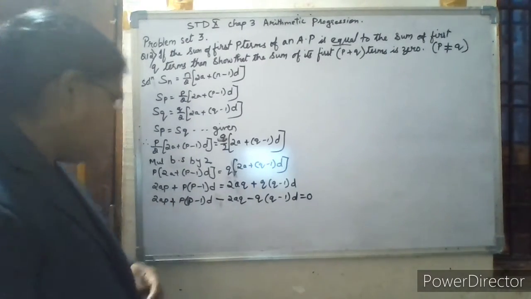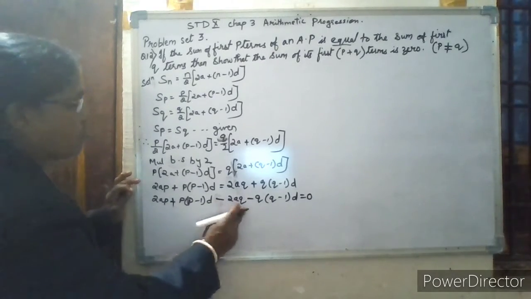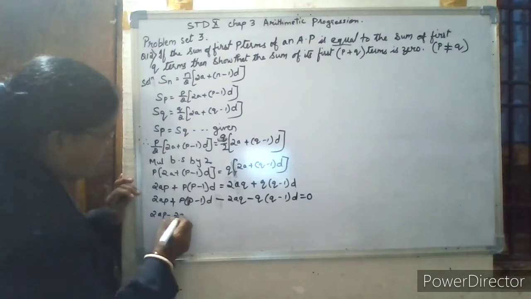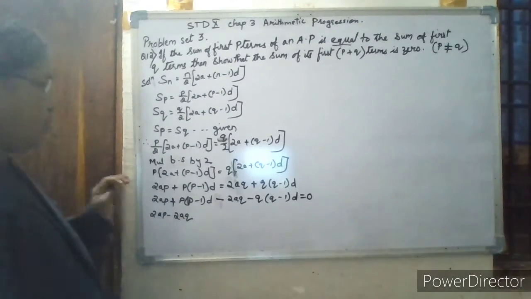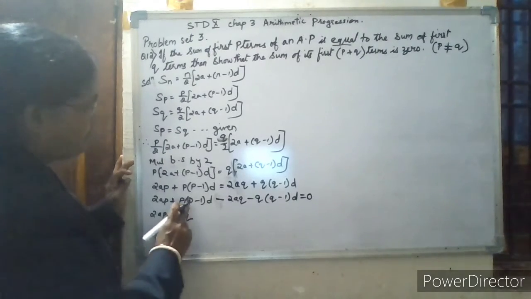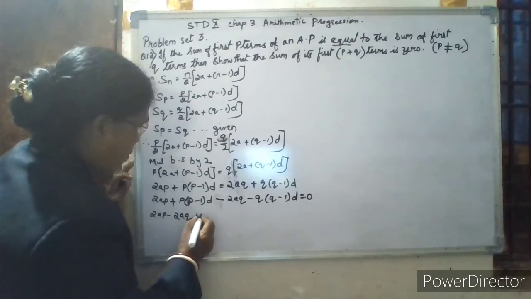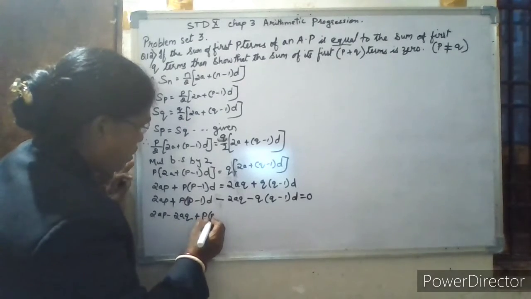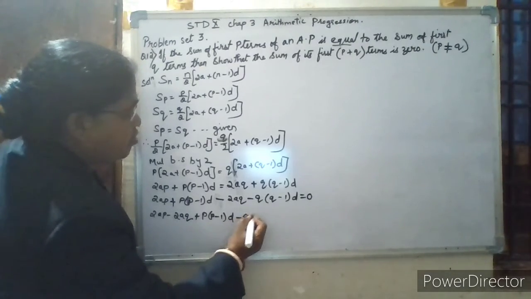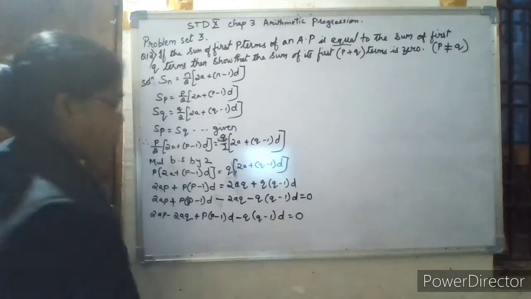Now see here, this 2ap and this 2aq, write it together: 2ap minus 2aq. Then this part we write together: plus p into p minus 1 into d minus q into q minus 1 into d equal to 0.